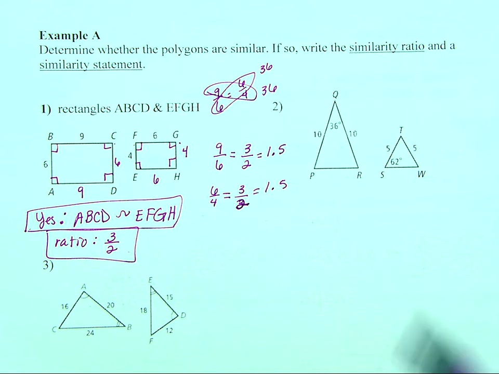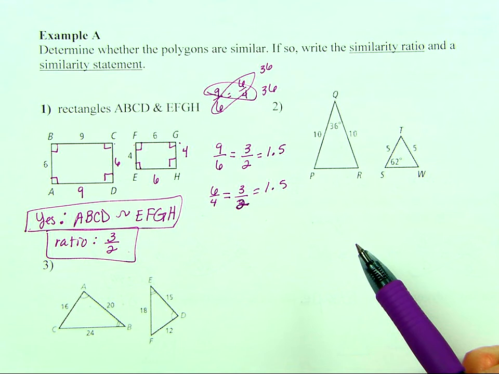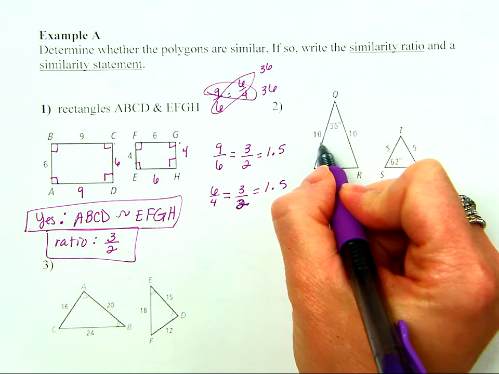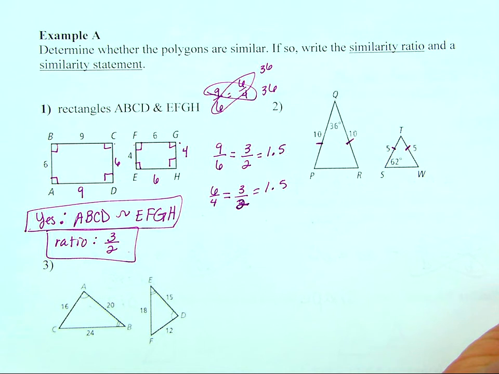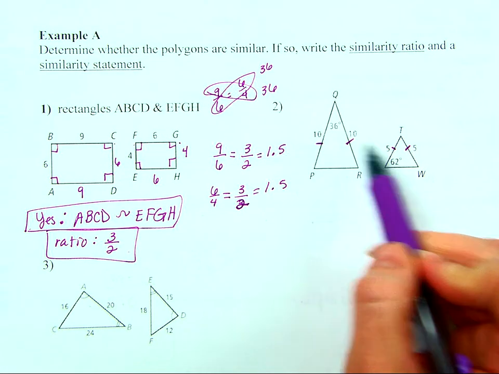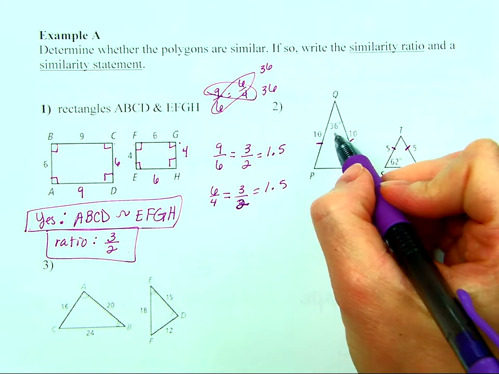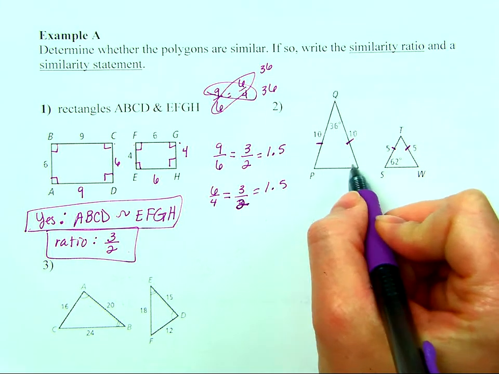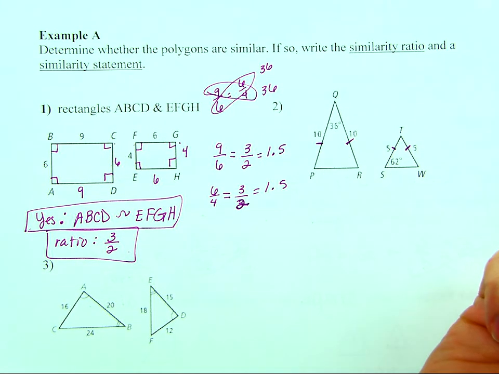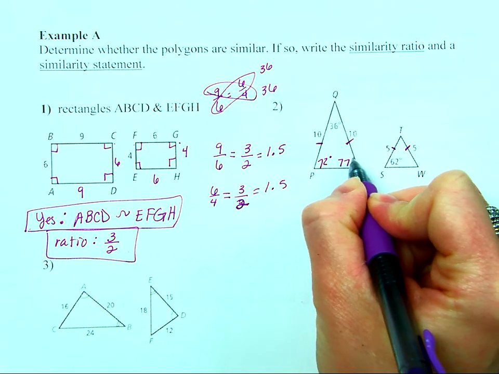Now, as I look at picture 2, I see that I don't have all of my information. I'm going to have to do some figuring. I have some isosceles triangles, and it looks like my sides may be in proportion, but when I take 180 degrees minus 36, and I find my missing angle measures down here, that's actually going to come out to 72 degrees and 72 degrees.